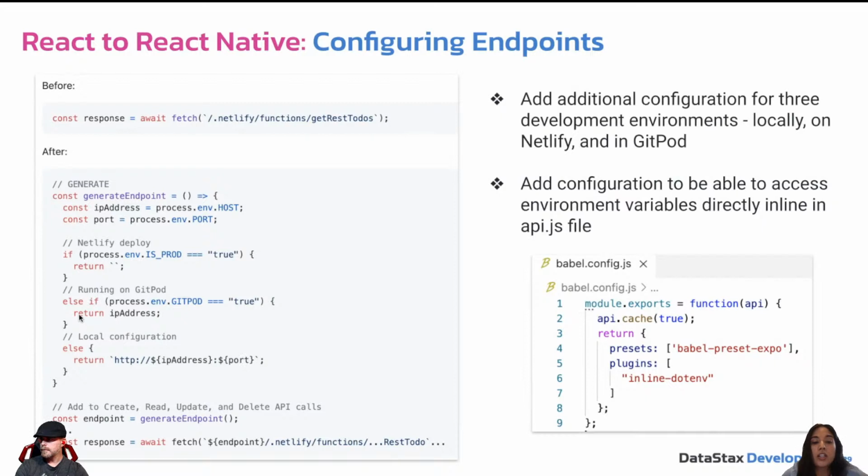If you're running on Gitpod, you set that variable to be true. And then if you're running on Netlify, you set that to be true. So depending on what we're running at the time, we swap our environment variables accordingly. So we added that configuration so that we wouldn't have a challenge making ends meet, no pun intended. And another thing that we added here is exactly what we did to add in inline.env so that we can do exactly this call, process.env.gitpod, and access those environment variables inline in our code.